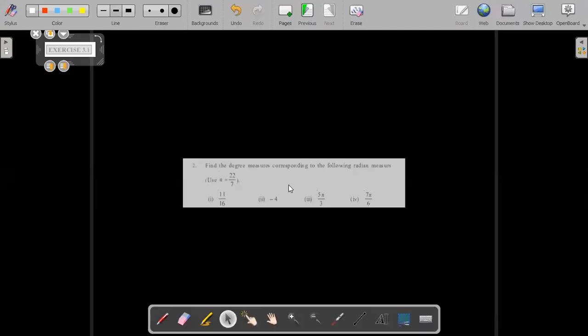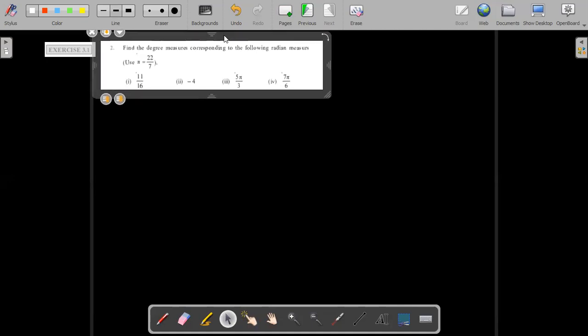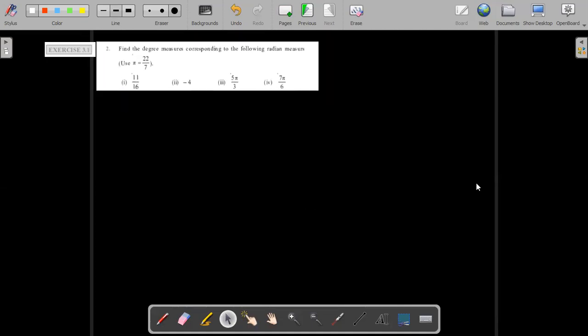It is already given in the question, but it is not necessary that they will give pi. Here we have to convert radians into degrees. There are two types of questions: one having pi and one not having pi. Radians can also be written as, suppose, pi radians, or we can write pi c also.